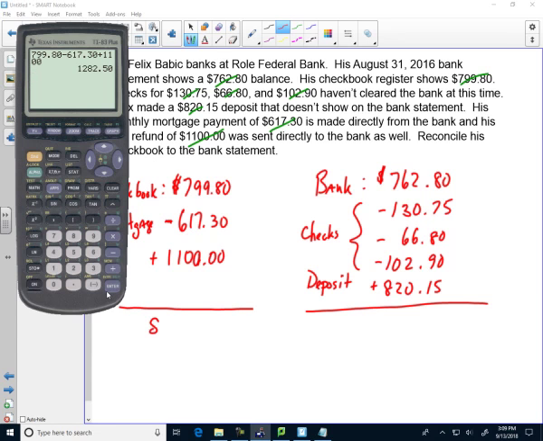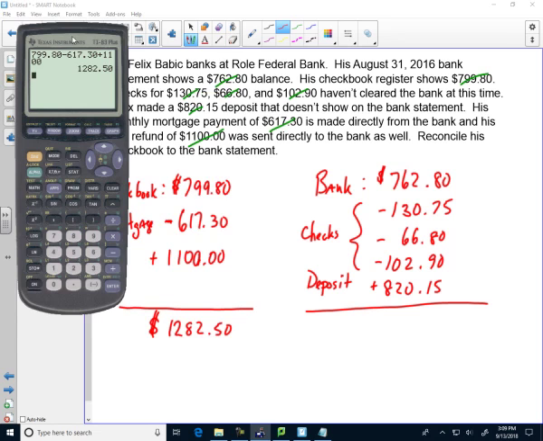So for the checkbook, I get $1,282.50, and that'll be the new balance for the next period. So, boy, that IRS refund was nice, wasn't it? We should get one of those every week or two.